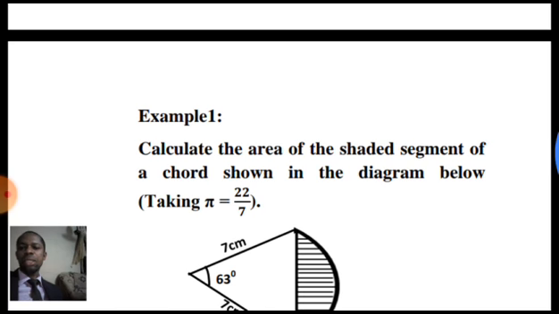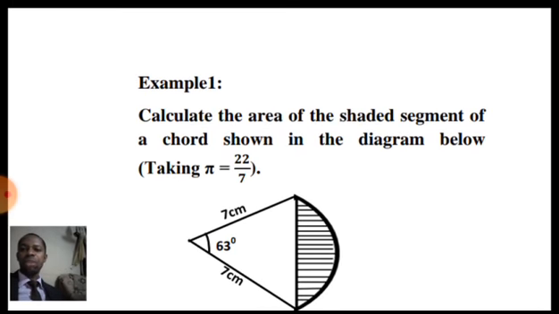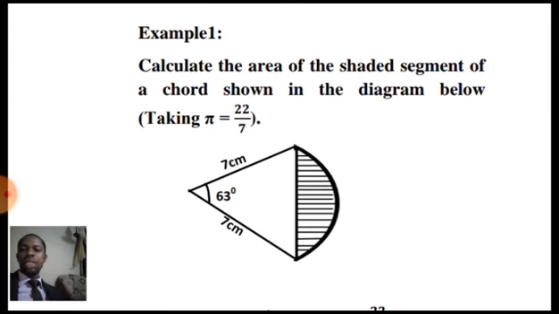Now, let's look at example 1. Calculate the area of the shaded segment of a chord shown in the diagram below, taking pi to be 22/7. Now, this is the diagram. The diagram we are having here is a combination of a sector and a triangle.